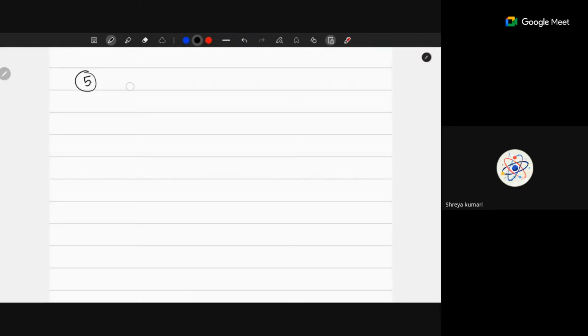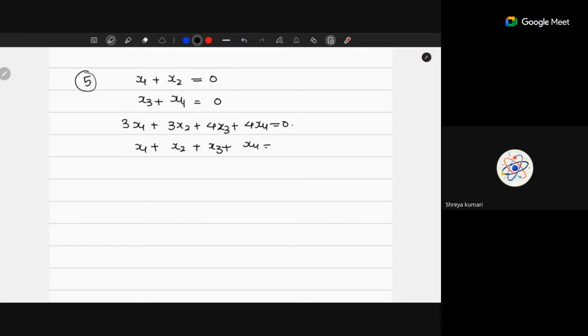Consider this linear system of equations: x1 plus x2 is equal to 0, x3 plus x4 is equal to 0, 3x1 plus 3x2 plus 4x3 plus 4x4 is equal to 0, and x1 plus x2 plus x3 plus x4 is equal to 0.